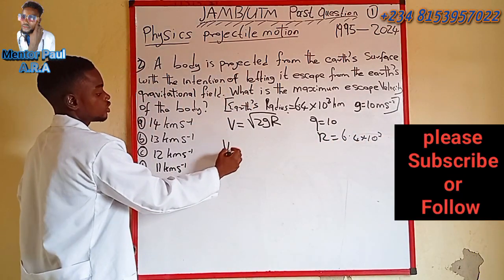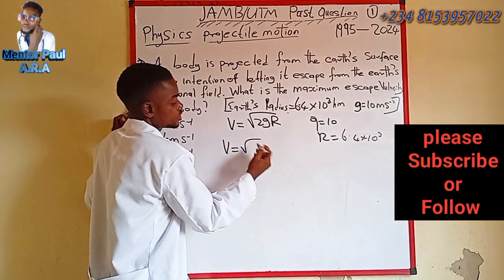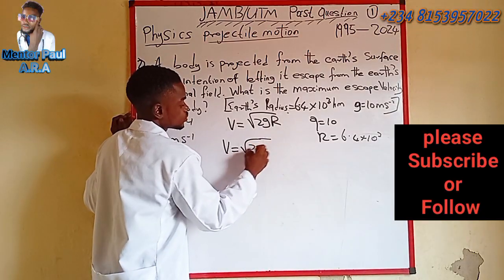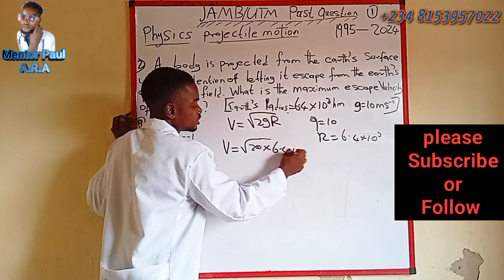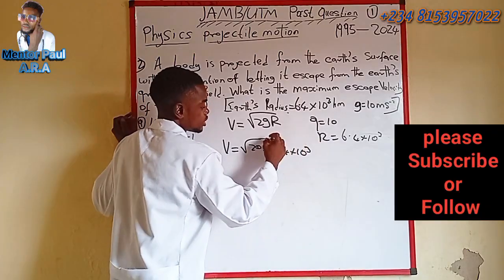Now substituting the values, the escape velocity is going to be the root of 2 times 10, which is 20, multiplied by the radius of Earth, which is 6.4 times 10 raised to power 3.